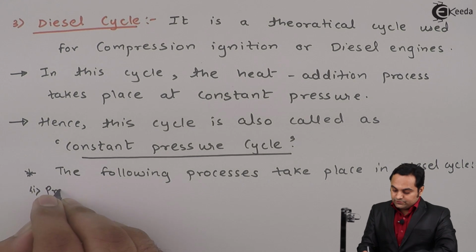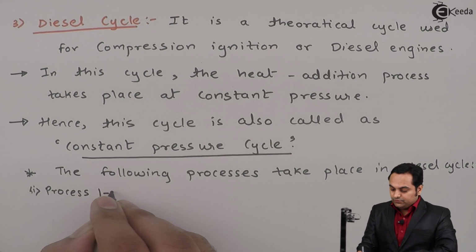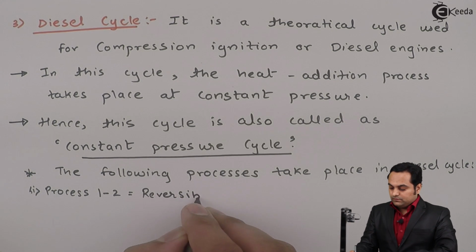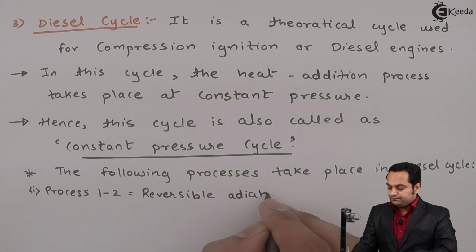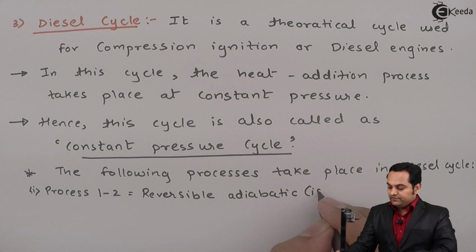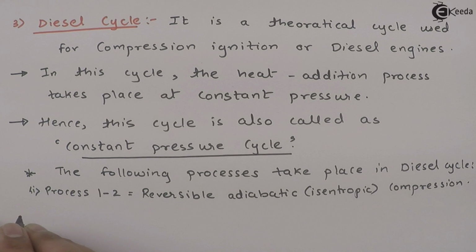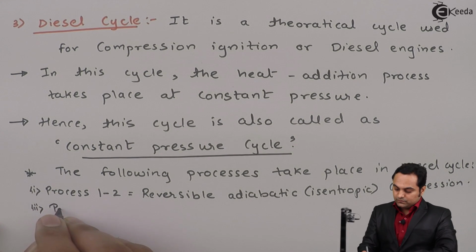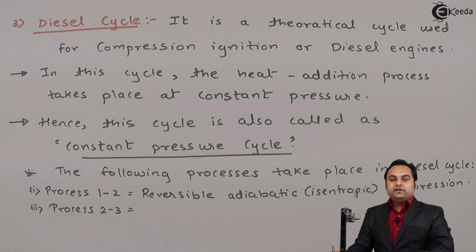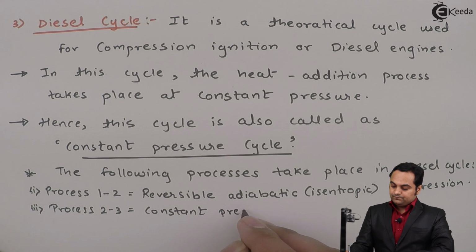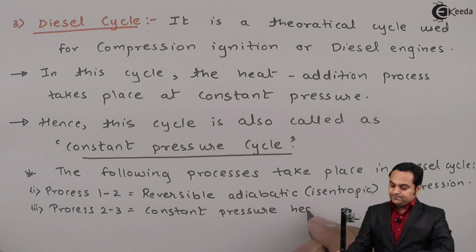First, process 1 to 2, it is reversible adiabatic, which is also called as isentropic compression, the first process. Next, process 2 to 3, it is constant pressure heat addition.